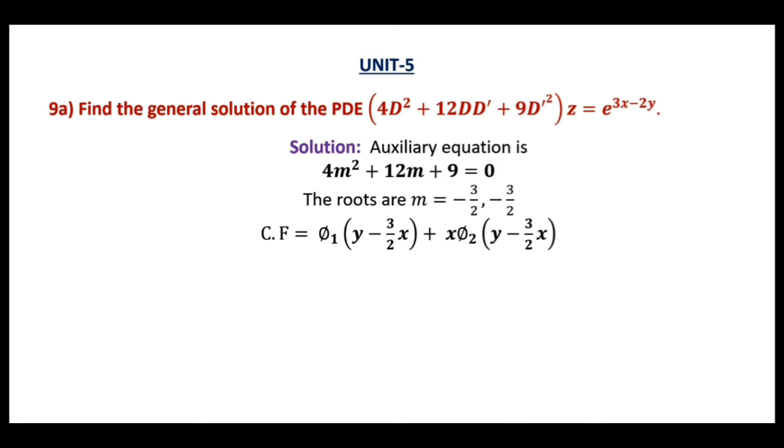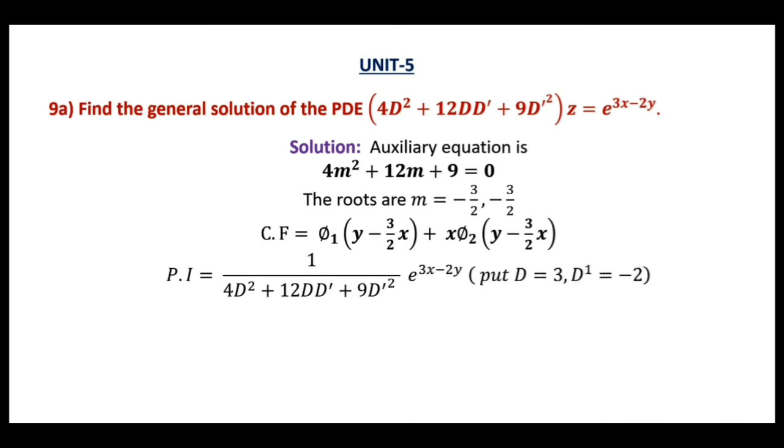Particular integral will be 1/(4D² + 12DD' + 9D'²) of e^(3x−2y). Whenever you have D, that D is replaced with the coefficient of x, 3, and D' is replaced with the coefficient of y, −2.